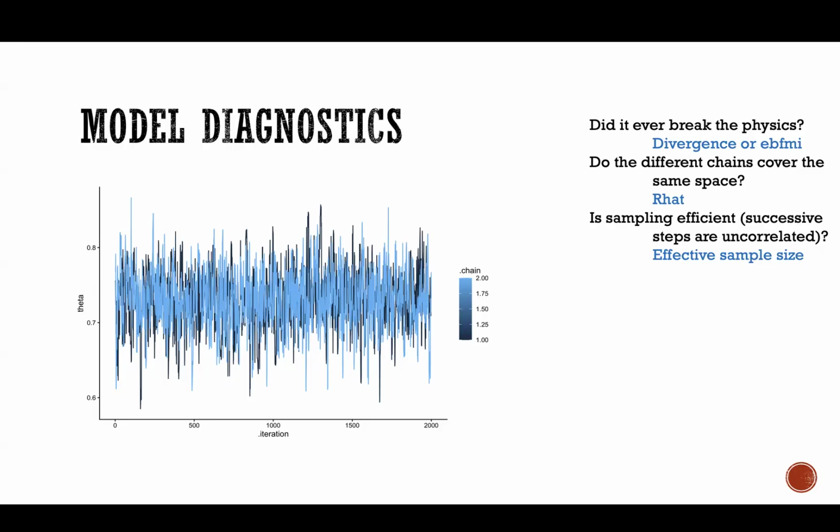We also want to know, as the sampler is moving in the posterior space, how hairy is the caterpillar? In other words, how wildly is the sampler allowed to move? In other words, can I predict from one step the next? If I can predict from one step the next, the sampler is not very informative, right?